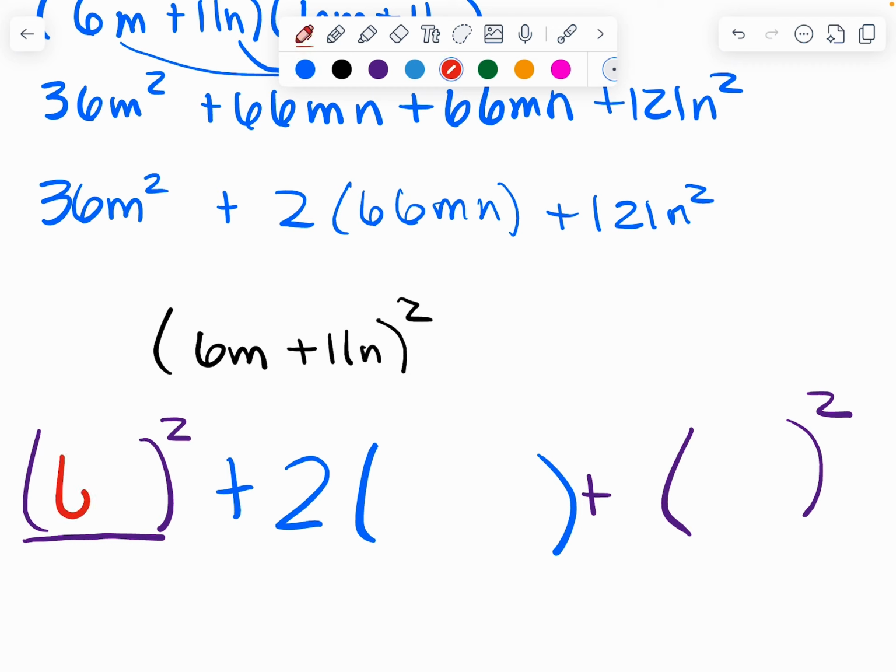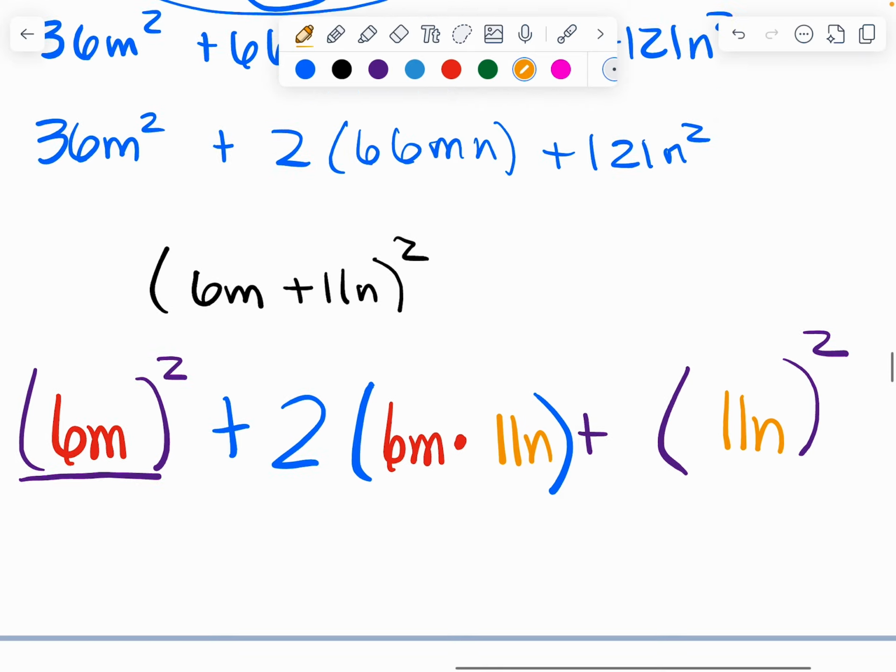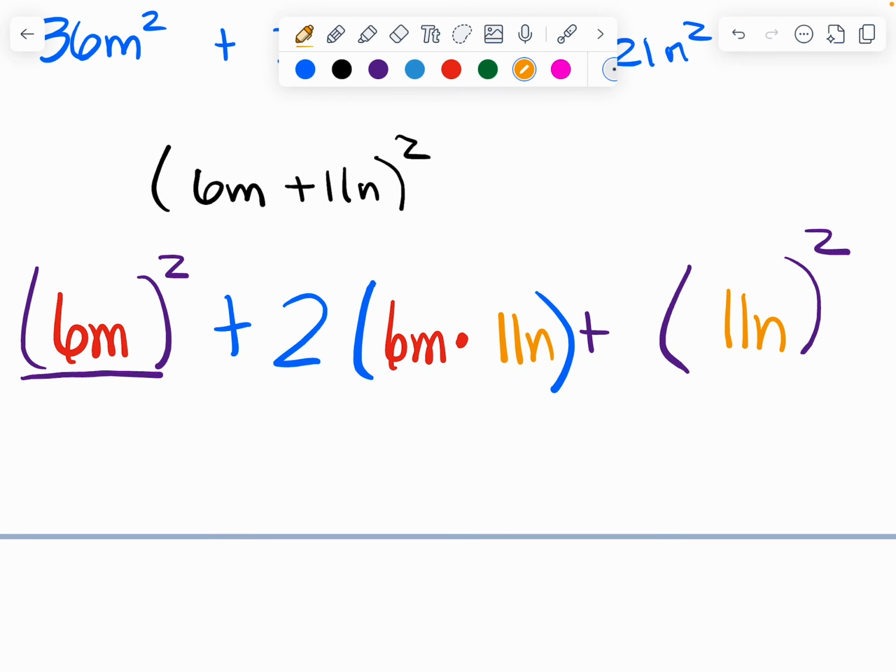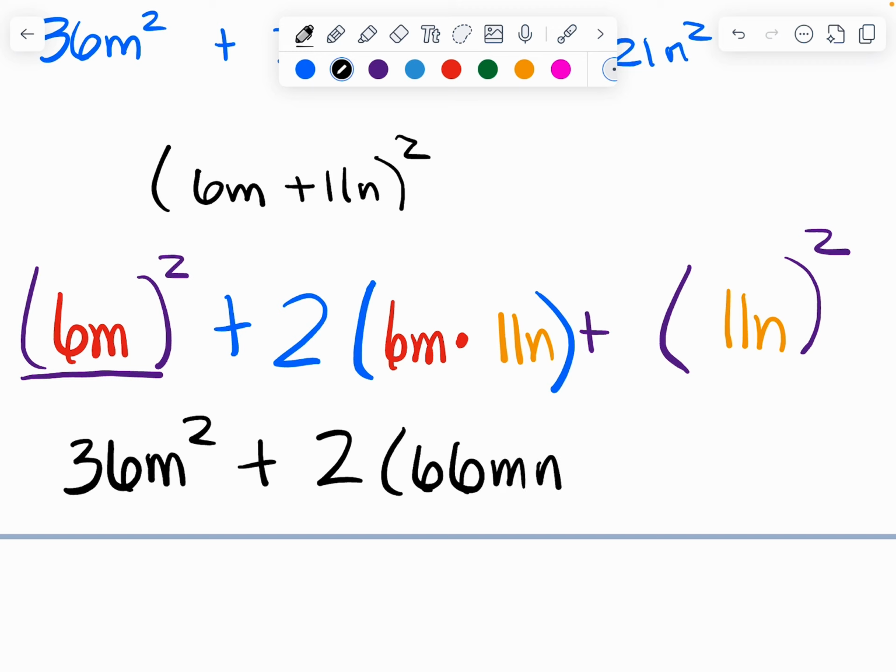So I put 6m here, 6m times right here, and then I put 11 in here and an 11 in here. So what do I get? I get 36m squared. Now I'm not going to actually multiply it. I'm going to leave it like this for just a second.